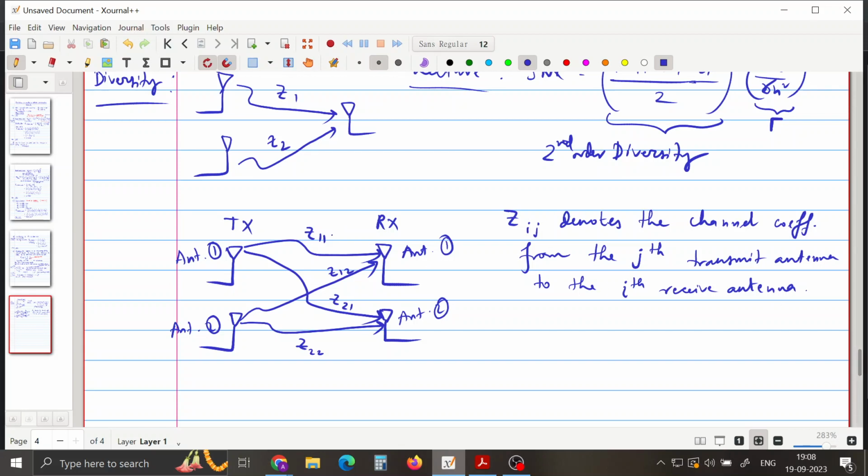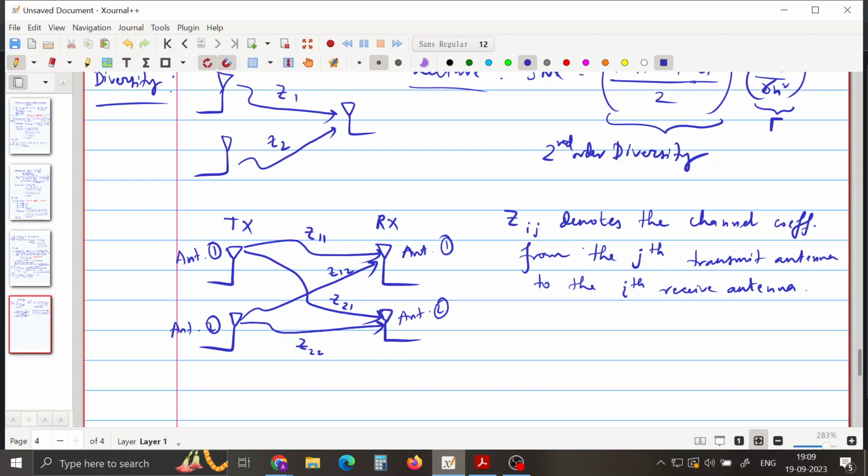So you see Z11, I and J both are 1, so it's from the first transmit antenna to the first receiving antenna. What about Z21? Z21 means i equals 2 and j equals 1. j is the transmit antenna, so j equals 1 means it's coming from the first transmit antenna, and i equals 2 denotes the receive antenna, so it's going to the second receiving antenna from the first transmit antenna.